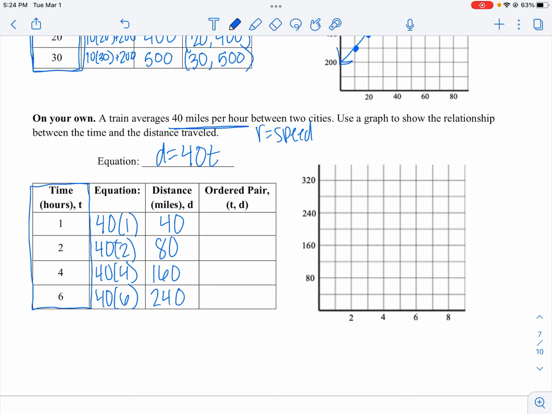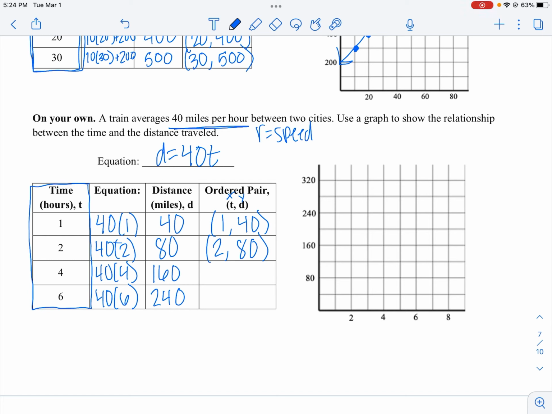So our ordered pairs are T, D. T is X, D is Y. Okay. So our T, that's 1 hour. If we drive for 1 hour, we go 40 miles. On our second one, if we drive for 2 hours, we end up going 80 miles.